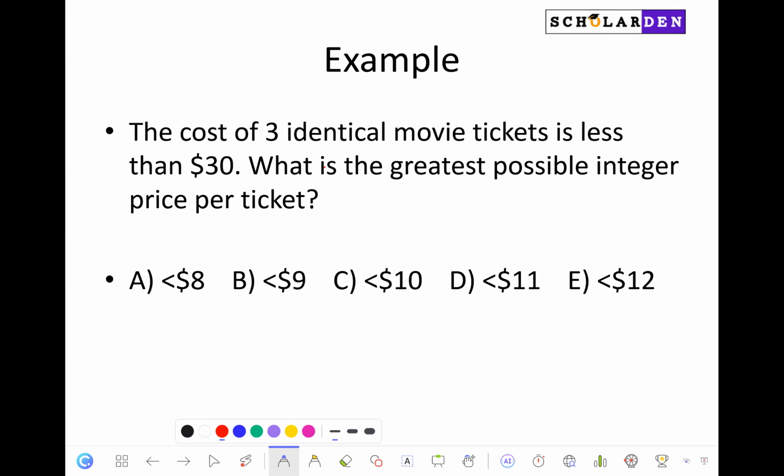But we don't want to reach 10. We want to stay less than 10. So there's a strict less than condition here, and we cannot have the cost of 3 movie tickets reaching 30.